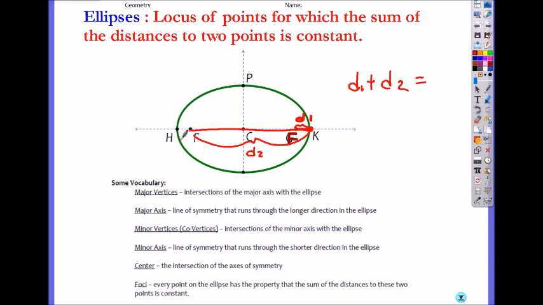So as you can see, when you add D1 and D2, this was A, and there was another A, so it becomes 2A. So whenever you pick a point, wherever, the distances to the foci will always add up to 2A, because by the definition, their sum must always be equal, right?